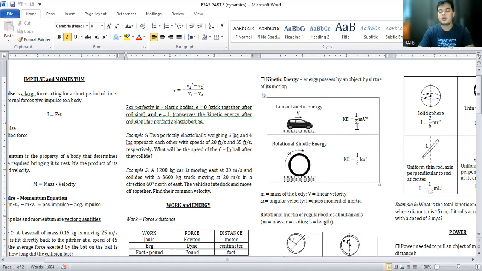So this formula is for linear kinetic energy. That means the body is just running in a plane. However, there is still another type of kinetic energy, which is the rotational kinetic energy, because sometimes as the body moves, at the same time the body also rotates.